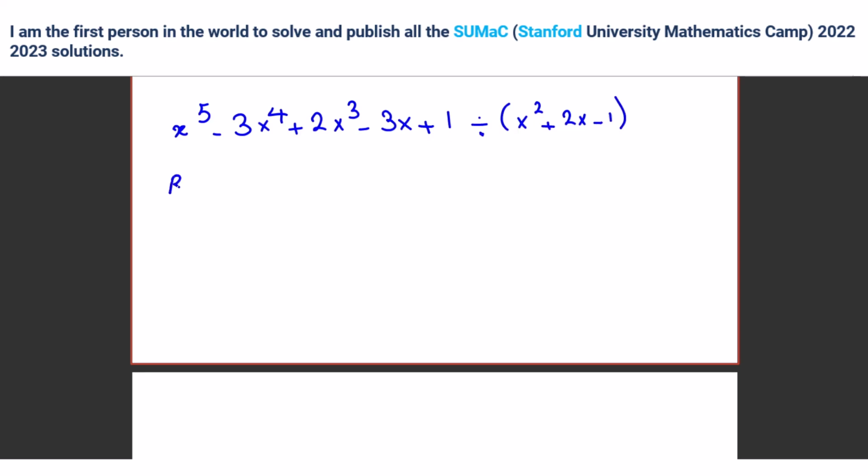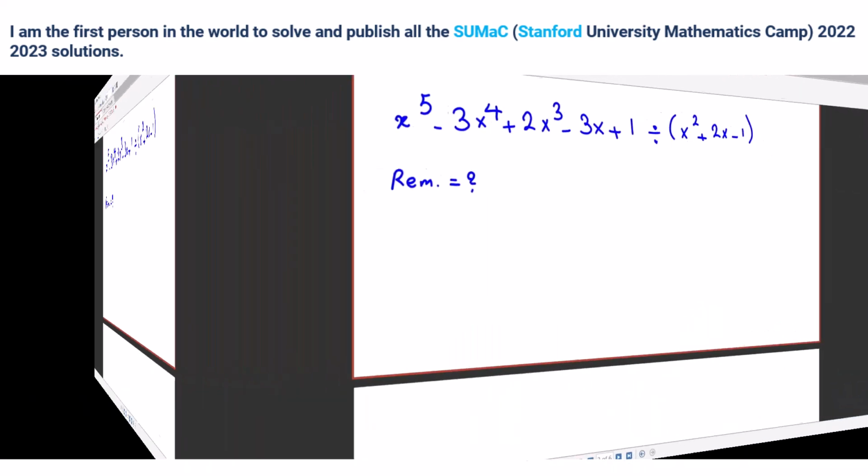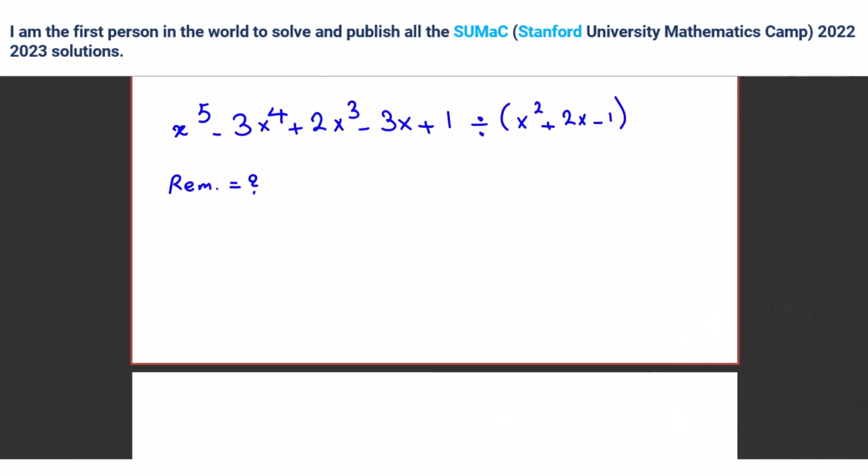So the remainder is what? Calculate this. I think the numbers are not nice.